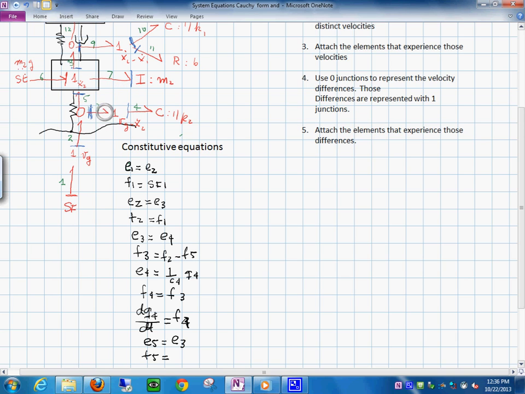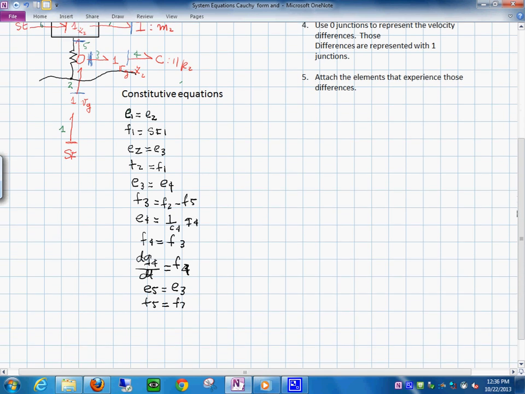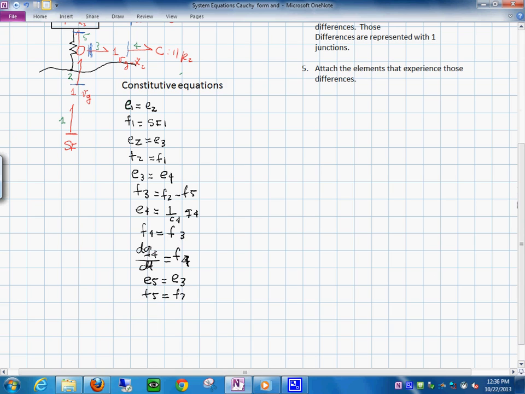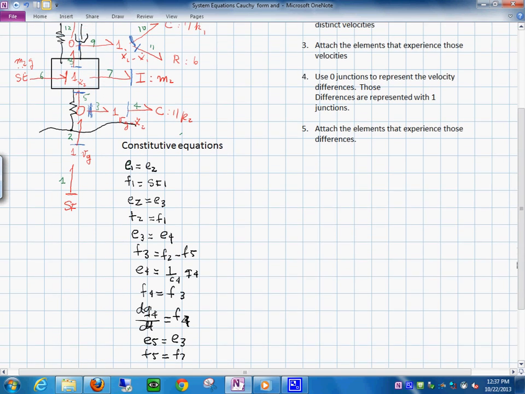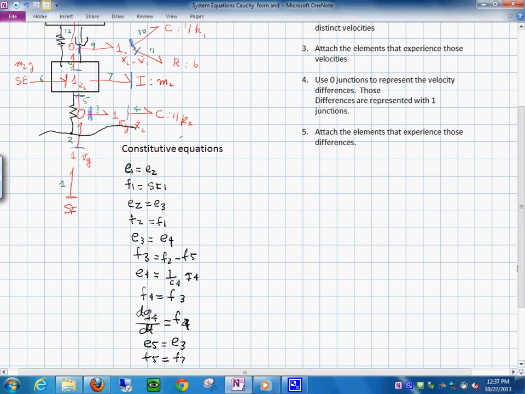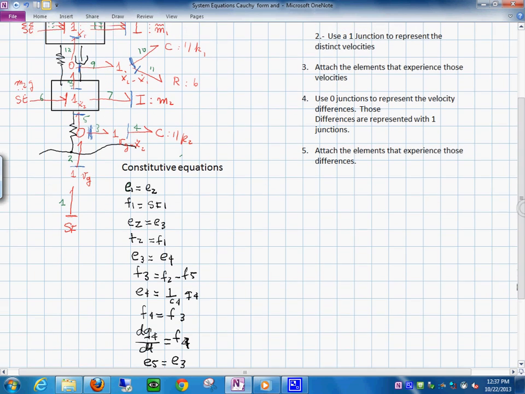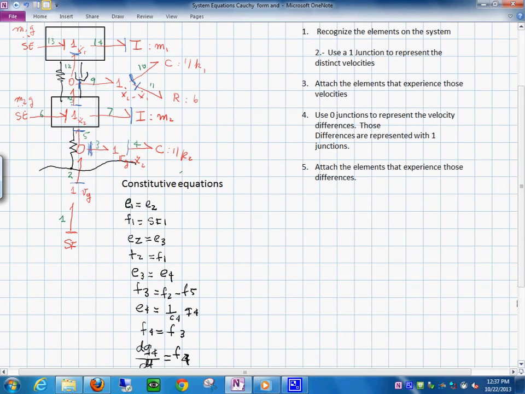E7 is E5 plus E6 minus E8. Okay, this is F7 is equal to what? 1 over I sub 7 P sub 7, and that dP sub 7 dt is equal to E sub 7.